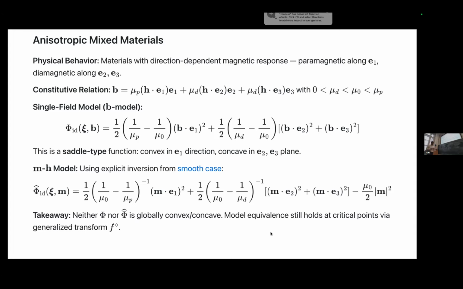The B model would not work here, but if you work with critical points, then you can. Of course, because we are in the smooth case, and the gradients of these functions are invertible.